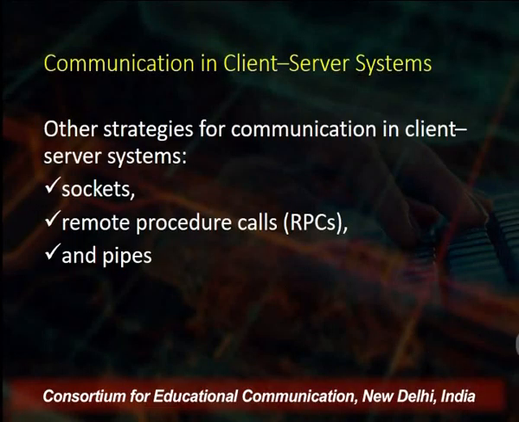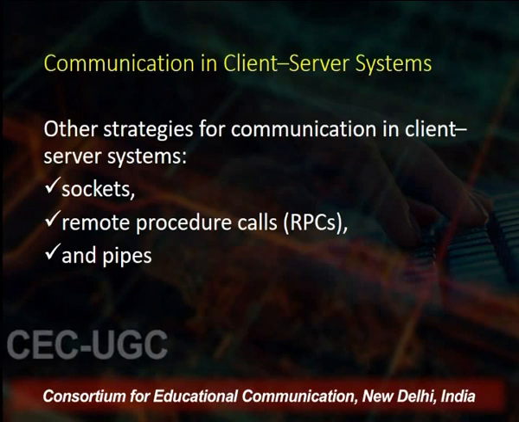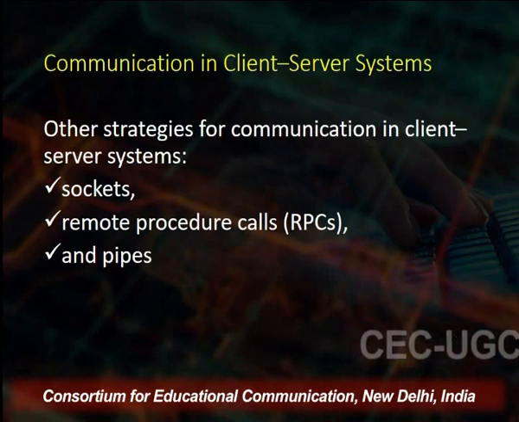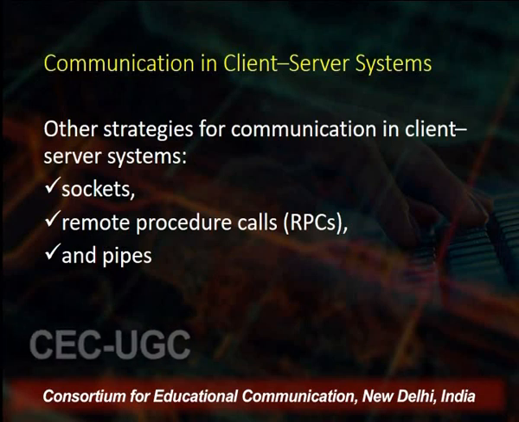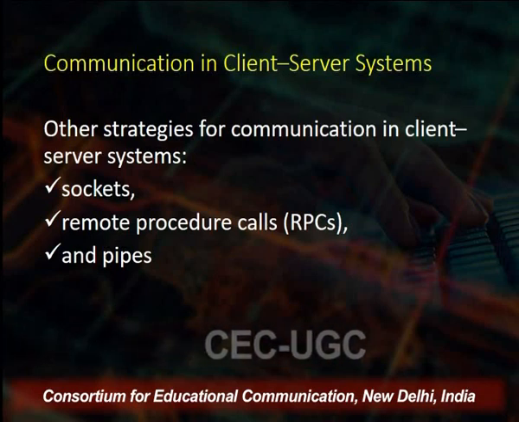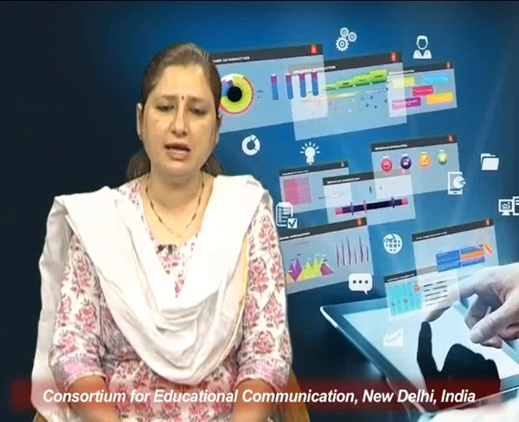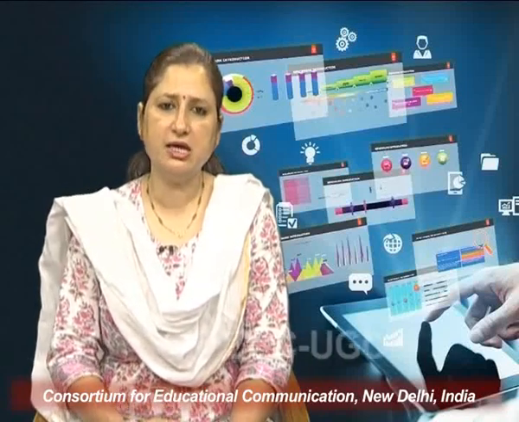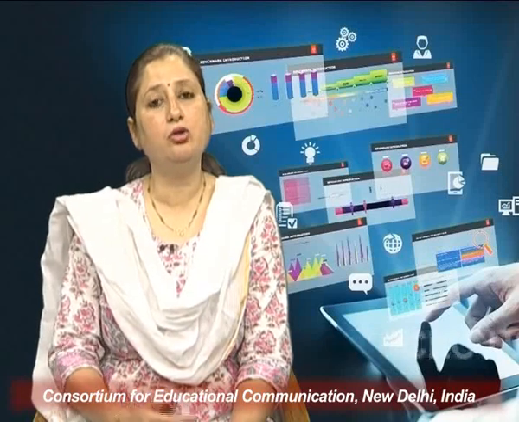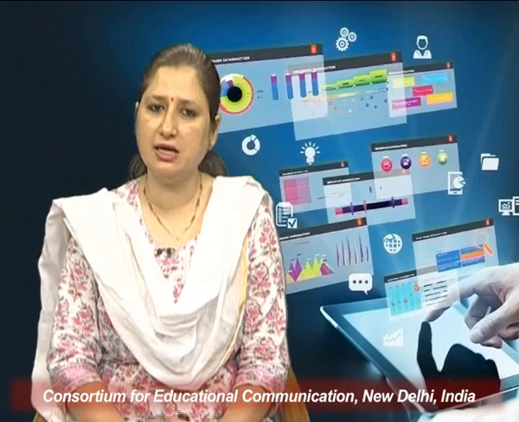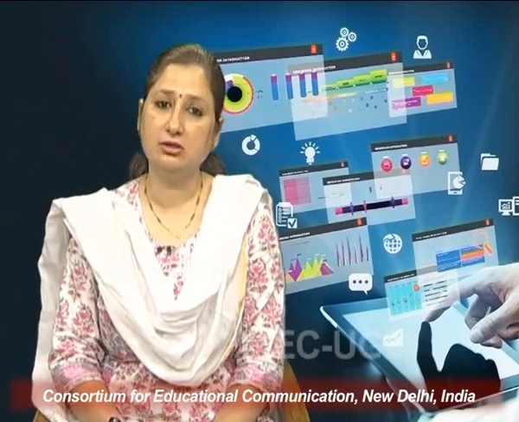Next is how communication will take place in a client server system. So we have seen how communications are taking place within different processes. Now, the processes could be running on the same system or they could be running on different systems. So when we are talking about communication in a client server system, we mean generally that the processes are running on two different systems, one on the client system and the other on the server system.